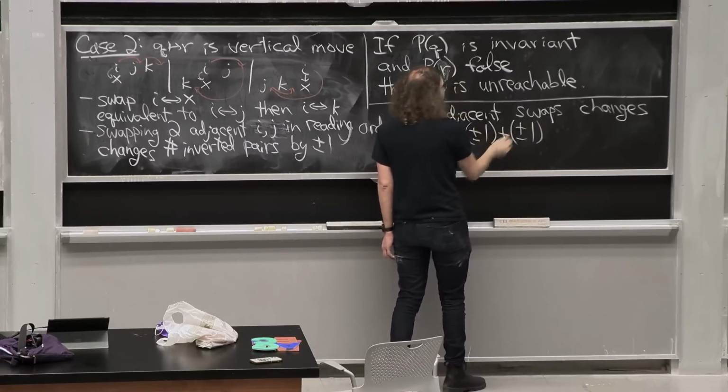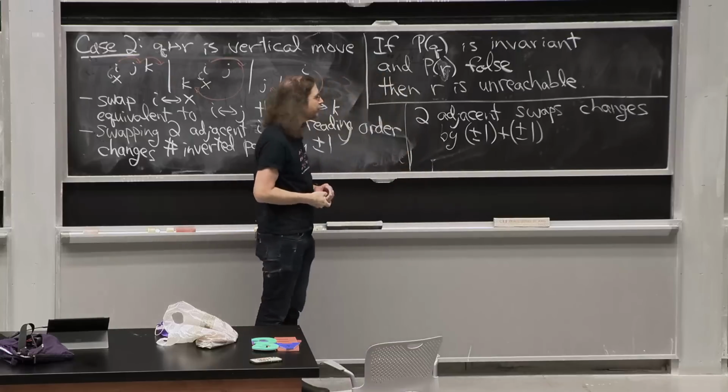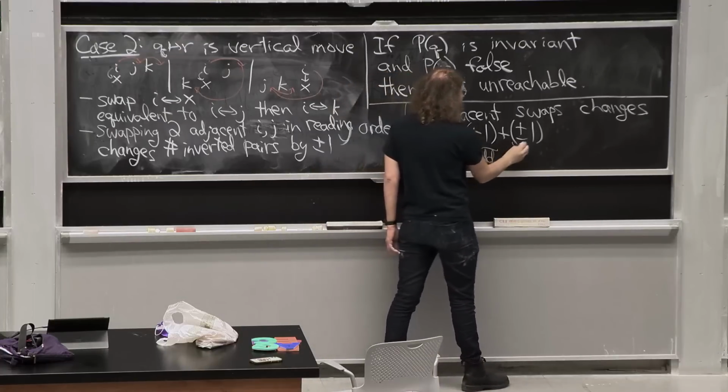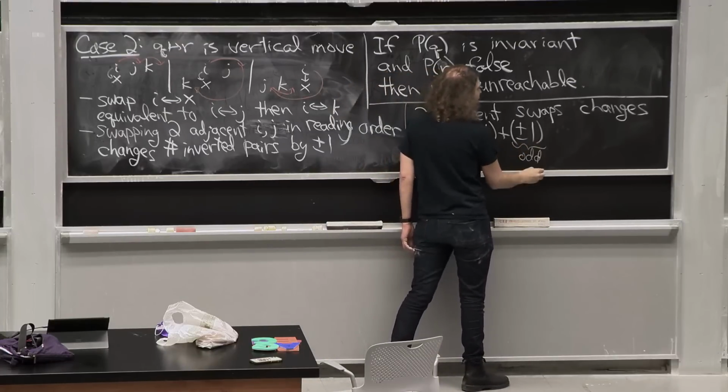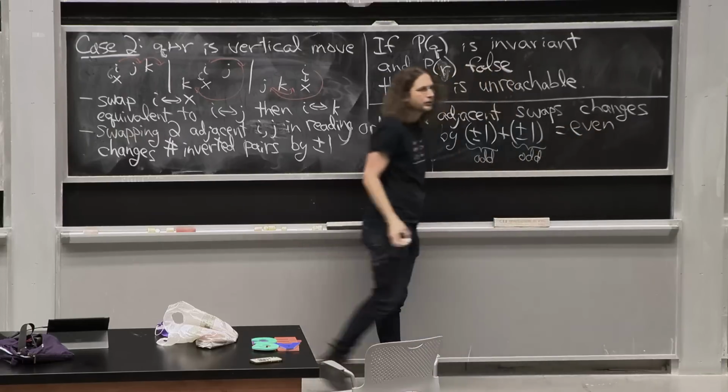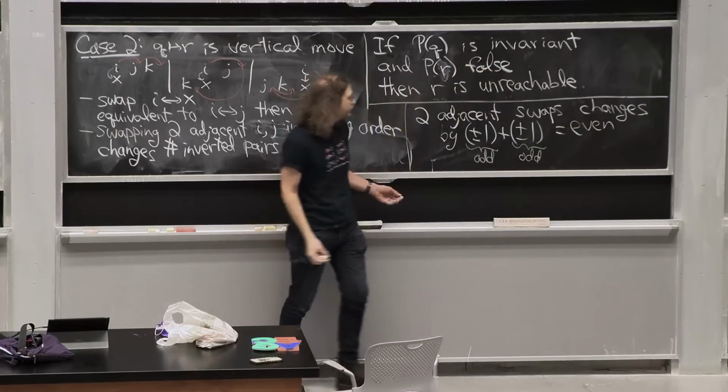Where each of these pluses or minuses, we don't know. They could be plus or minus. But the point is, plus or minus 1 is an odd number. Plus or minus 1 is an odd number. When I add two odd numbers, this is an even number. Turns out you can draw a little picture.